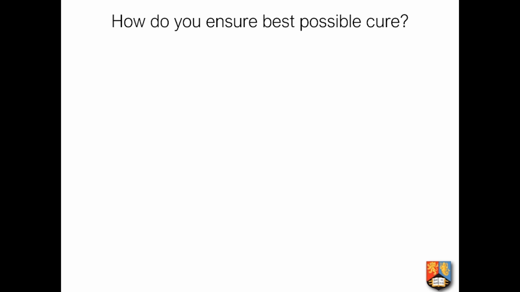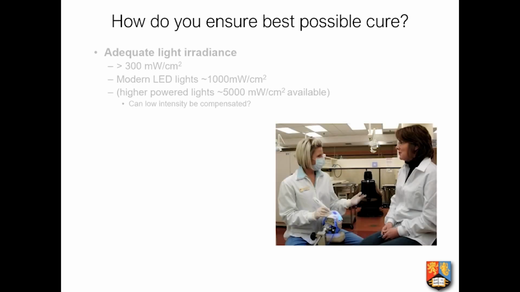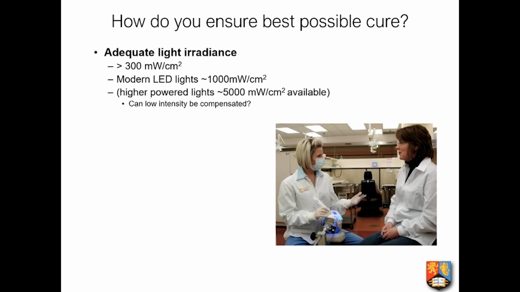So some advice on how you ensure the best possible cure related to the material and the light that you own. You need to make sure that you have adequate light irradiance. So irradiance is the power output divided by the unit area that you're curing over.